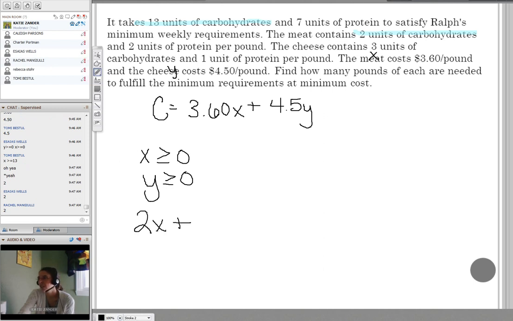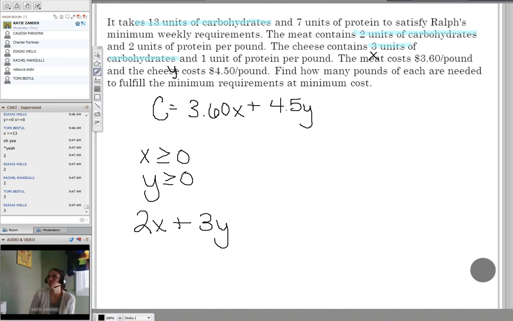Now you have to take into consideration the carbohydrates in the cheese. How many carbohydrates are in cheese? 3 units of carbohydrates in the cheese, and it takes 13 units. So what do we do? What inequality symbol should we use there if it takes 13 units? Greater than or equal to. Yep.